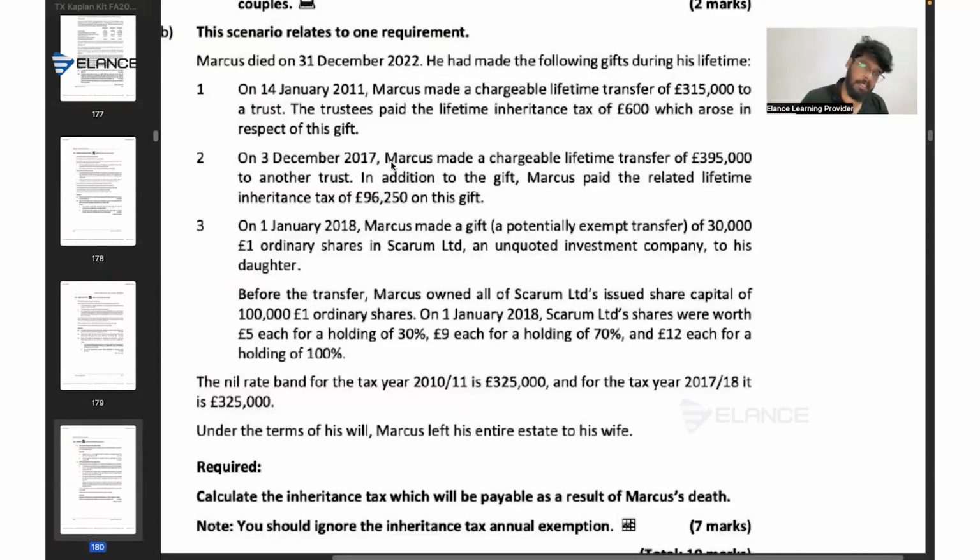On making a CLT, there are two alternatives: the donor can pay the tax, or the trustees can pay the tax. Here the trustees, who are the beneficiaries, are paying the tax. So we don't need to make any computations, because it is already mentioned in the question. They are paying tax of 600 on the transfer of this 315,000 CLT.